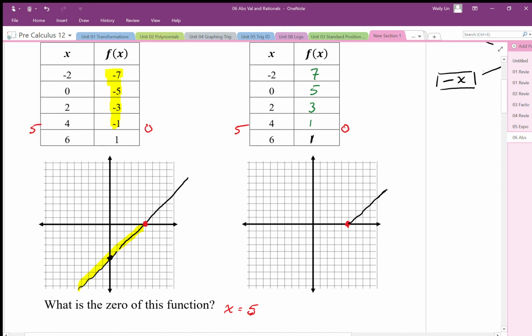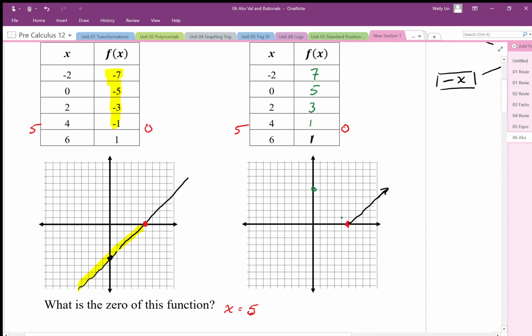Okay, so we end up with this linear function. It's the same as the original linear function. However, on the other side of that, we're going to have the coordinates that are going to be reflected in the other direction. Okay, so there's our coordinates. So negative 5, 0 is going to be at 5.